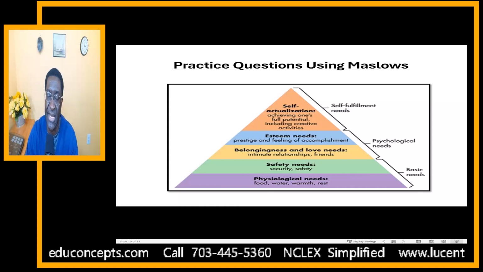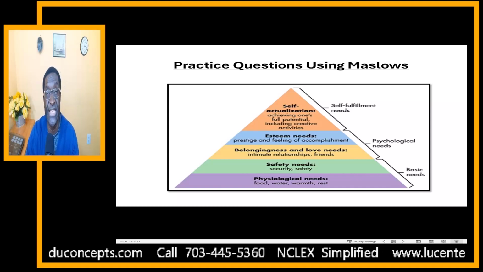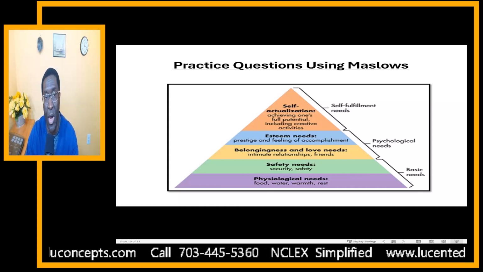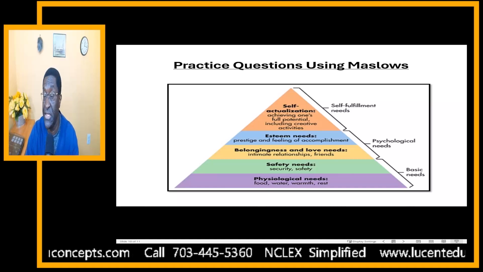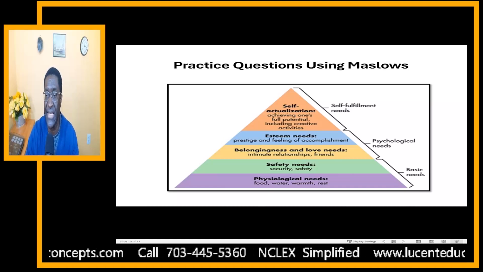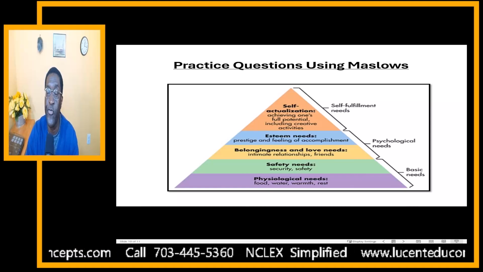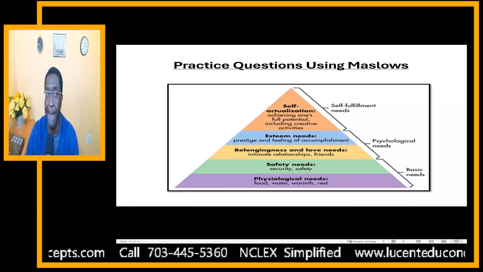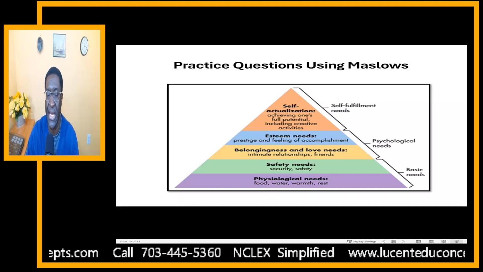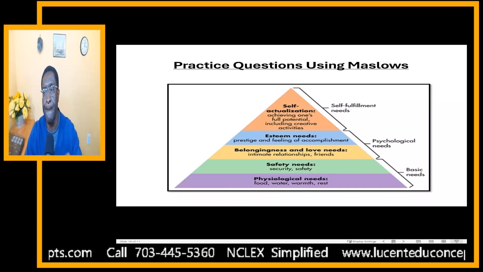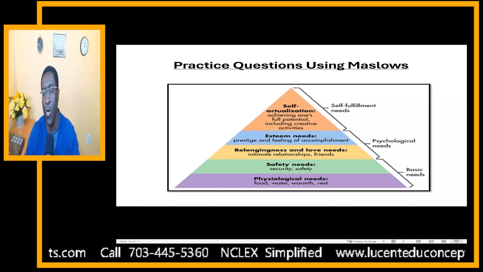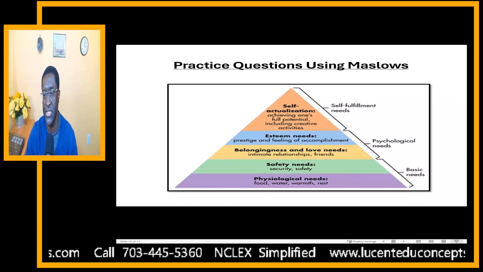Belonging and love needs are number three. Esteem needs are number four. And the one at the very tip of the hierarchy is self actualization. So, what do we learn from here? You realize that the base is physiological need. Therefore, we're going to be using Maslow's hierarchy of need to answer the question.